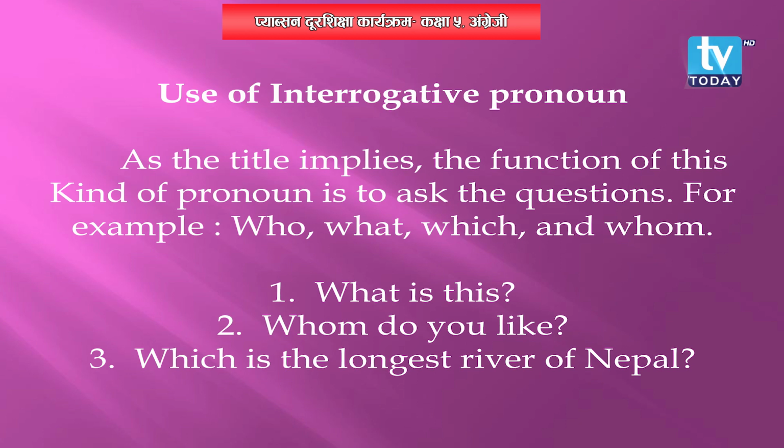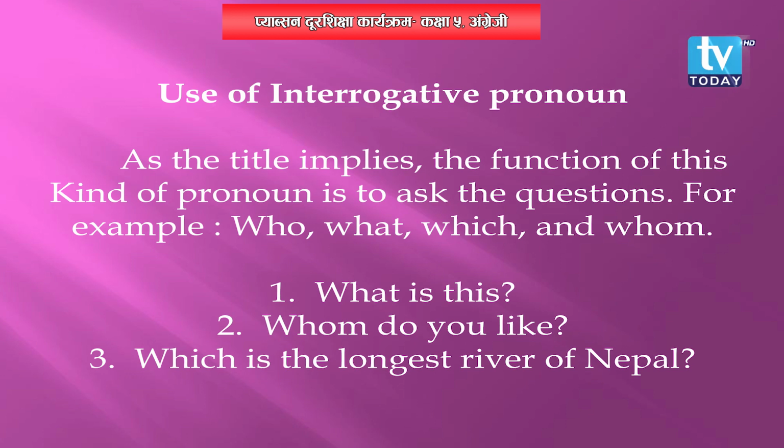The first example we can see there: what is this? W-H-A-T, what. What is one of the interrogative pronouns. The next question we can say there: whom do you like?